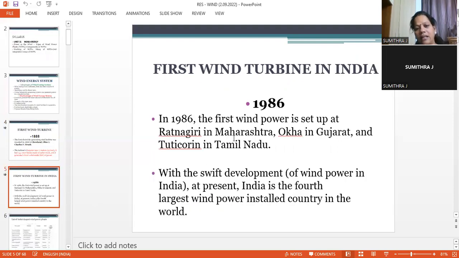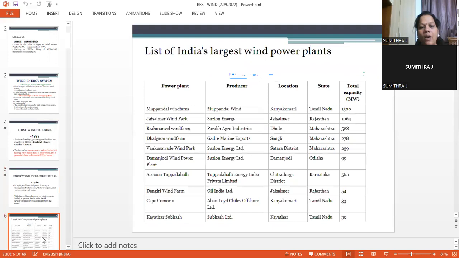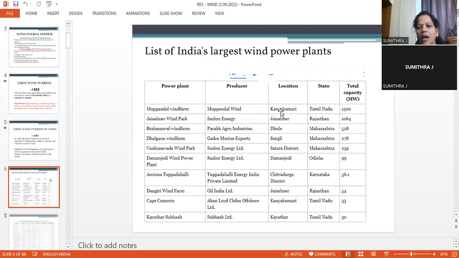In 1986, we had the first wind power plant, located in Maharashtra, and with the swift growth of wind power, at present our country stands fourth in installed wind power capacity, right? This slide shows you the different locations of wind power plants in our country, right?